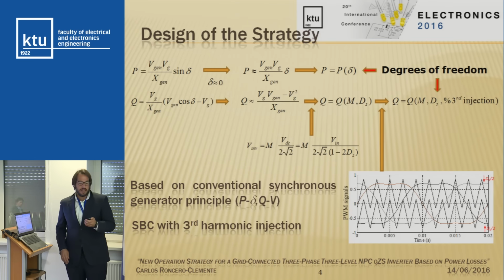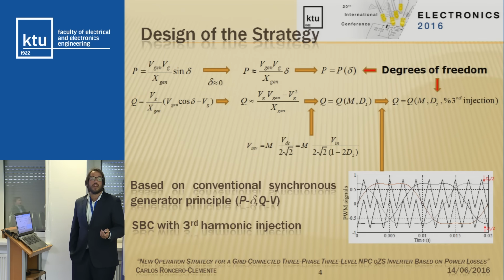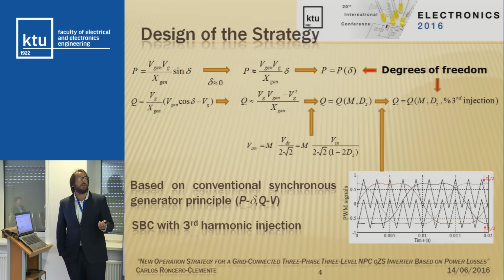As a basic idea, we started to develop a control strategy based on the conventional synchronous generation principle, based on the well-known relationship between the active power and the frequency, and the reactive power and the voltage.